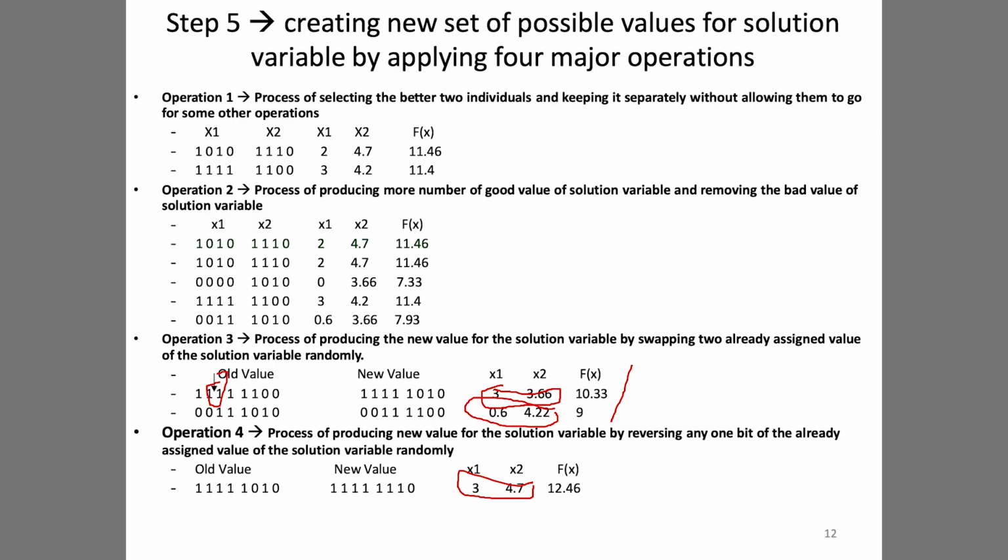Now coming to step 5, as I already told you, this step 5 is the core step of this algorithm. Originally we start with the initial set of possible values, but only in step 5 are you going to compute another set of possible values. That is, the randomly initialized set of possible values should be converted into a computed set of possible values.